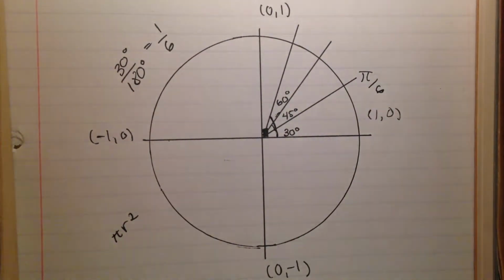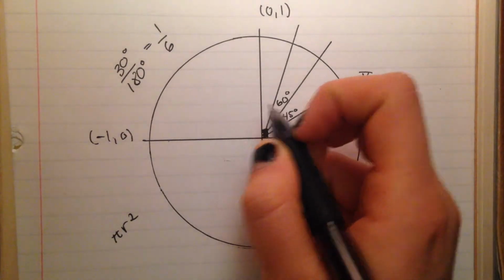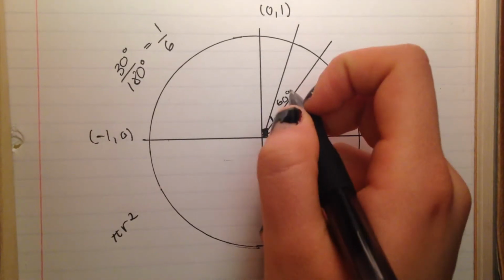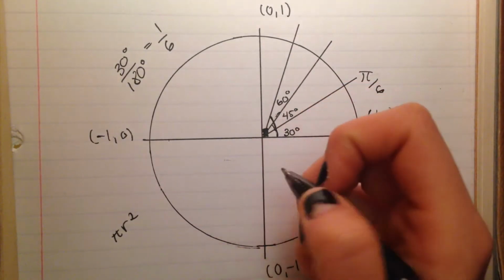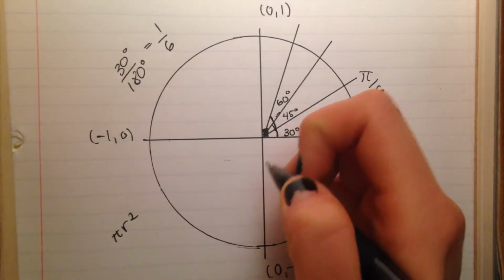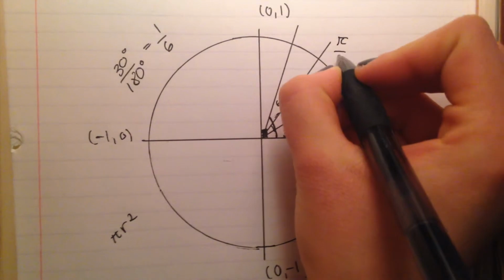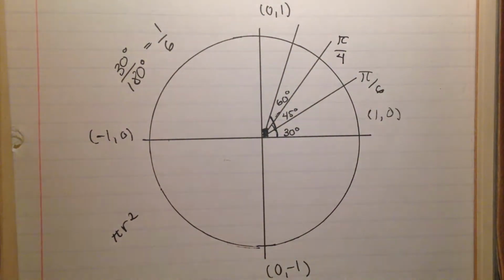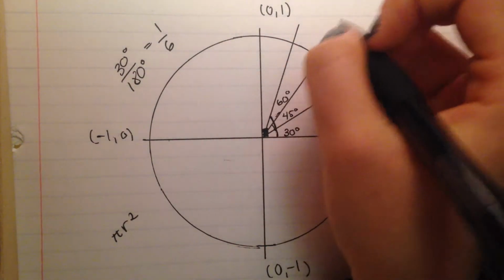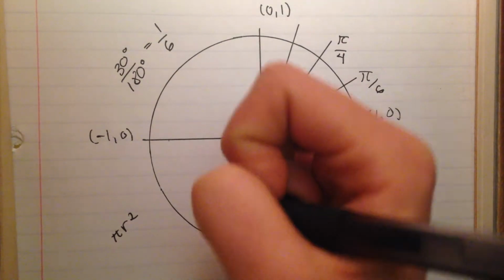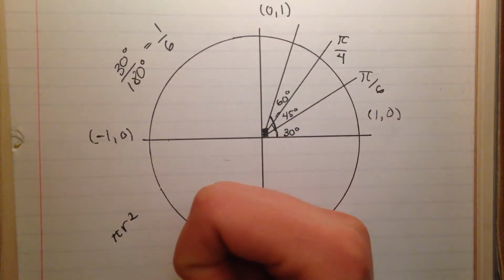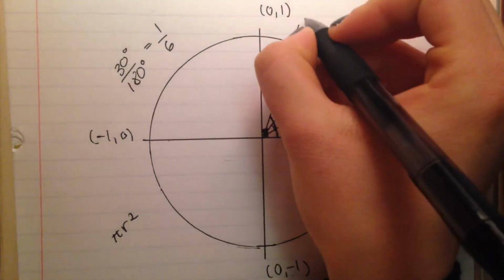So here, it would be pi over 6. Now let's plug in 45 in your calculator. 45 over 180, what is that? That is a quarter. So it would be a quarter of your pi, so pi over 4, and so on. And then you plug in 60. What is 60 over 180? That would be a third of your pi.